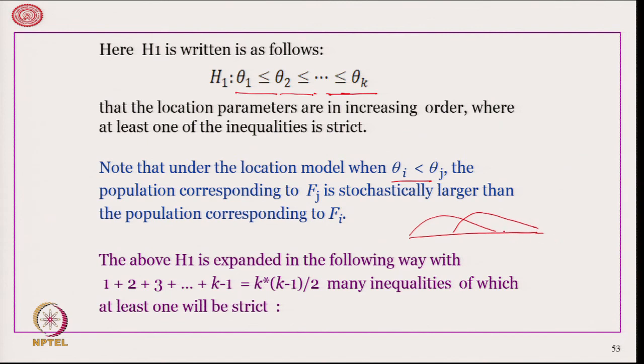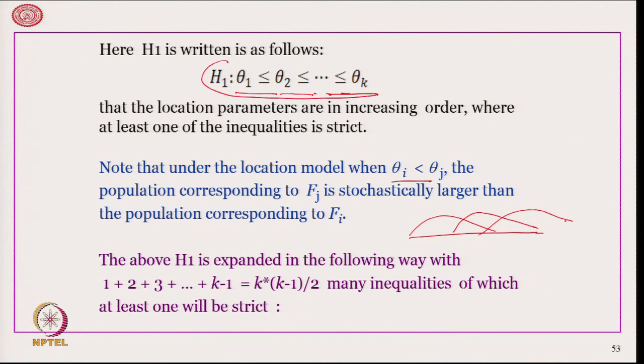Similarly, for f 3, which may be somewhat like this. Like that, for the distribution of the k populations, we are trying to check if the null hypothesis can be rejected against this type of alternative.